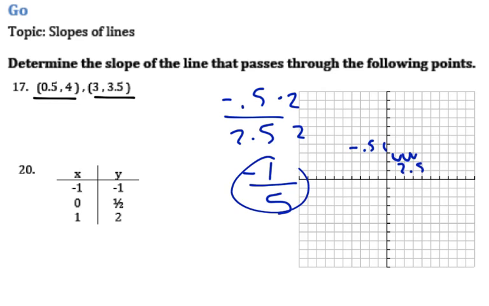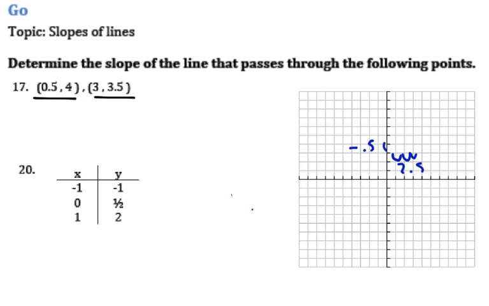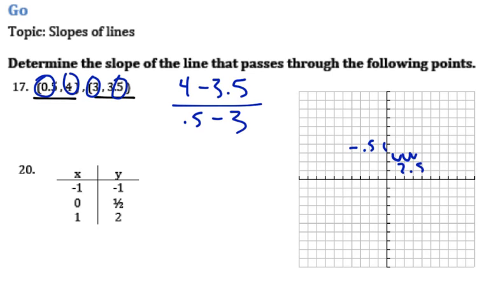So that's one way that we can think about it. Probably an easier way on that one would be to do it this way. These are our y values, so it's the change in y. What's the difference here? And then our x values, what's the difference here? And we get the same thing. We get 0.5 over negative 2.5, which you can manipulate to get it going better. So it'd be negative 1/5.